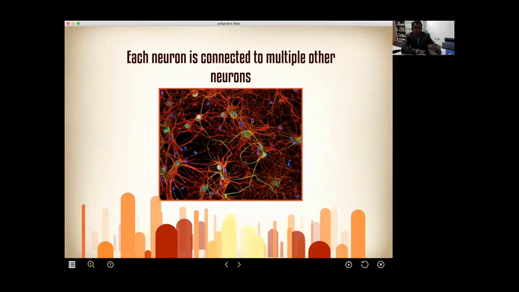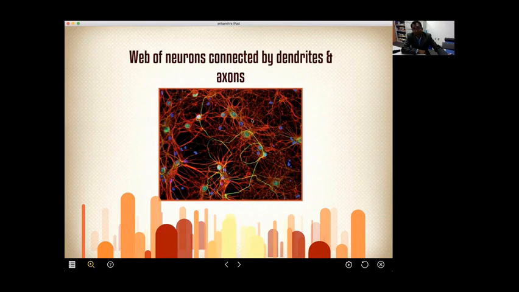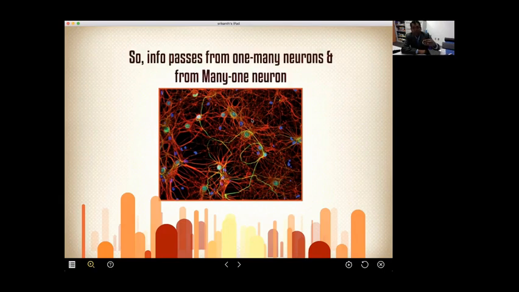So one neuron is connected to several other neurons. It's like a web of neurons connected by dendrites and axons. So information is processed from one neuron to many neurons. And information is also processed from many neurons to one neuron.